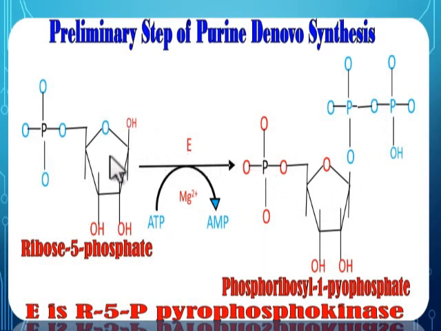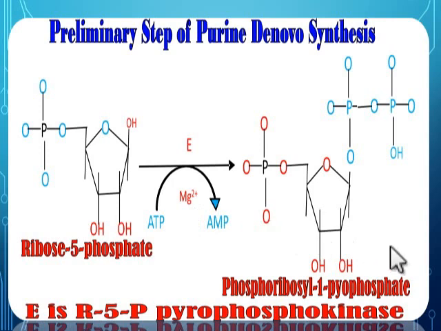The ribose sugar is repeated, and then the phosphate group is added here, giving you phosphoribosyl 1-pyrophosphate. E is the enzyme, and the enzyme is called ribose 5-phosphate pyrophosphokinase. The enzyme is magnesium ion dependent, so it requires magnesium ion to drive its reaction.